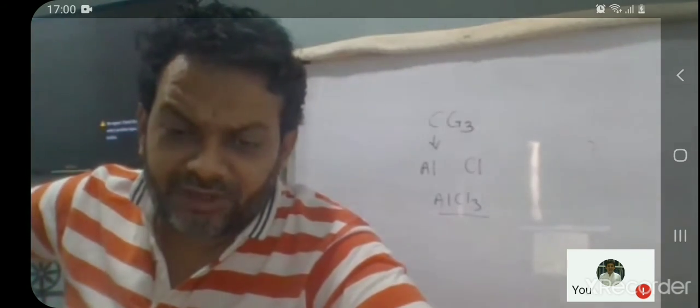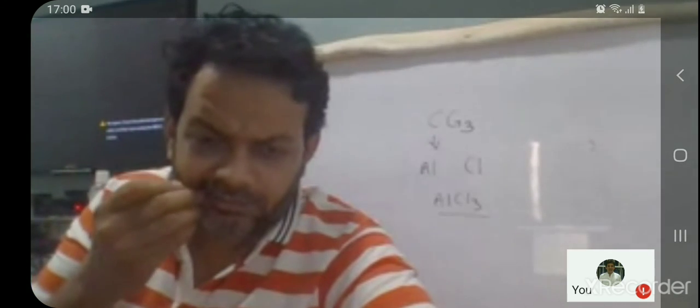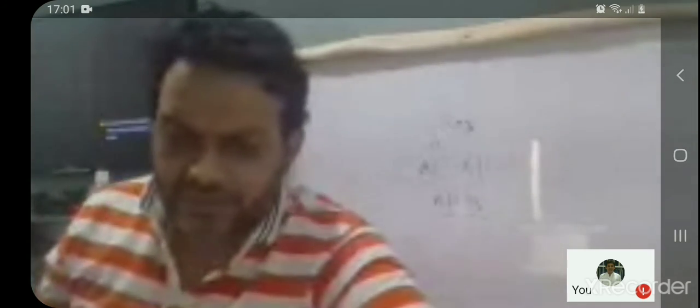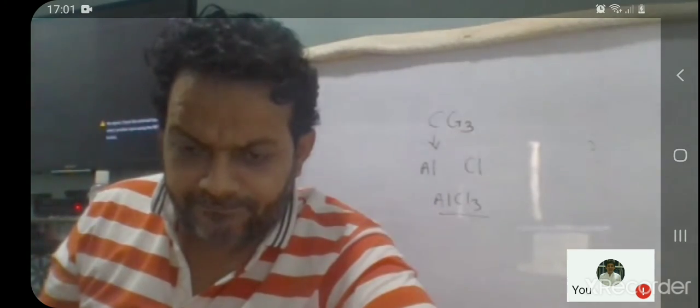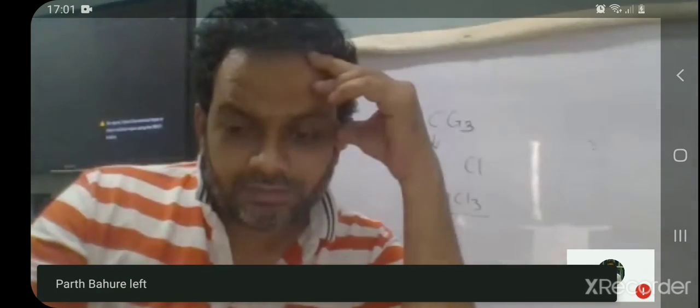Next question: pick out the 2 elements which have valency of 4. Whose valency is 4? Sulfur 16 and carbon. Next, pick out elements below group 16.